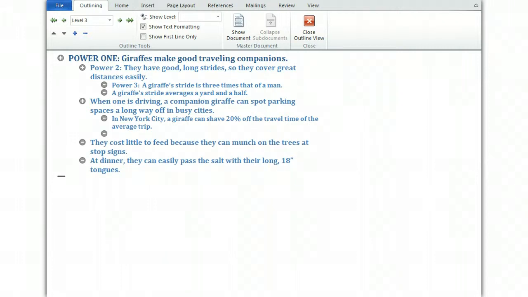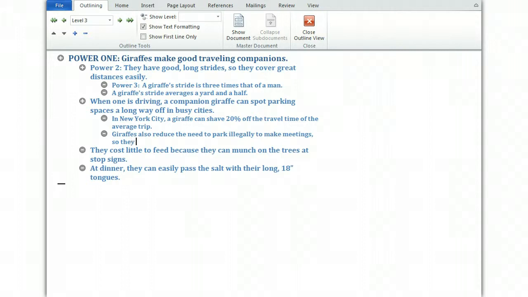And if I could make one up real quickly, oh, I can. As a result, because they can spot these parking places, giraffes also reduce the need to park illegally to make meetings.